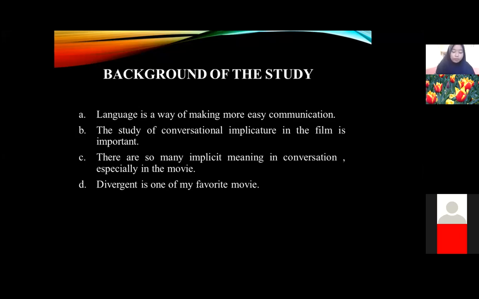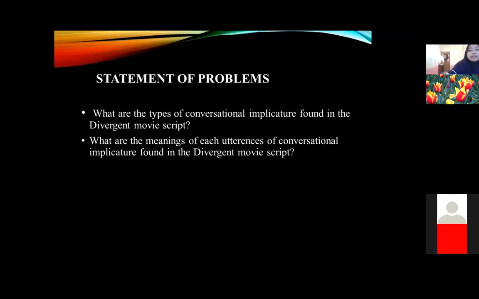Next is my statement of problems. I have 2. First, what are the types of conversational implicature found in the Divergent movie script, and second, what is the meaning of each utterance of conversational implicature found in the Divergent movie script.